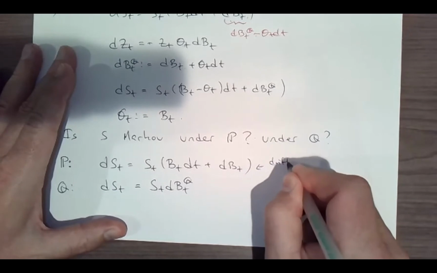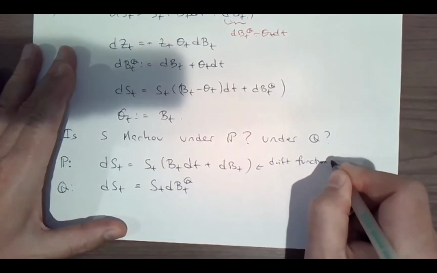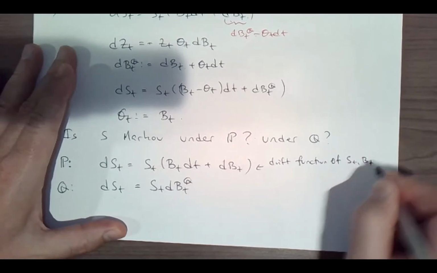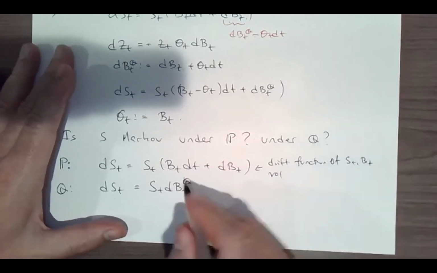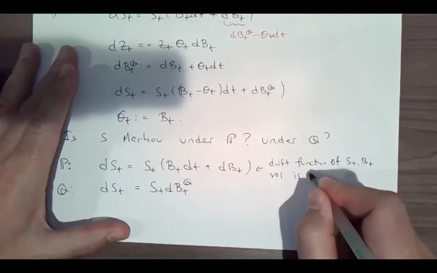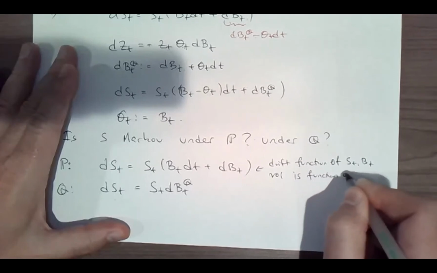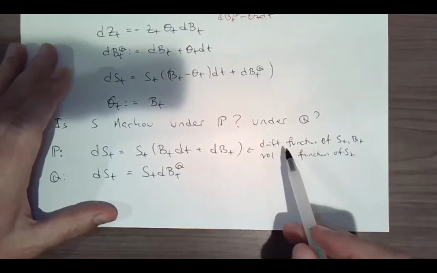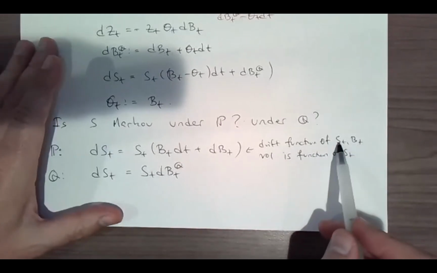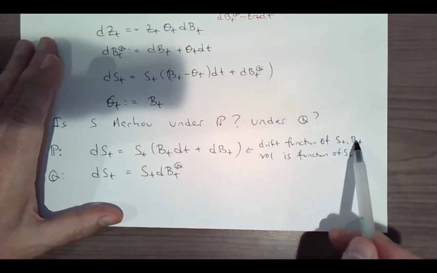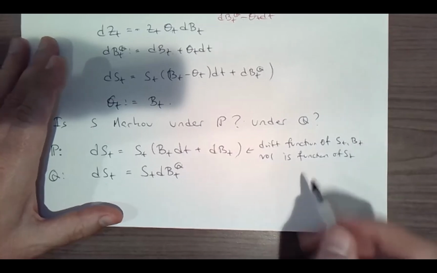Here the drift is a function of S and B, and the vol is a function of S. Because S's drift is a function of both S_t and B_t, this here is not Markovian.